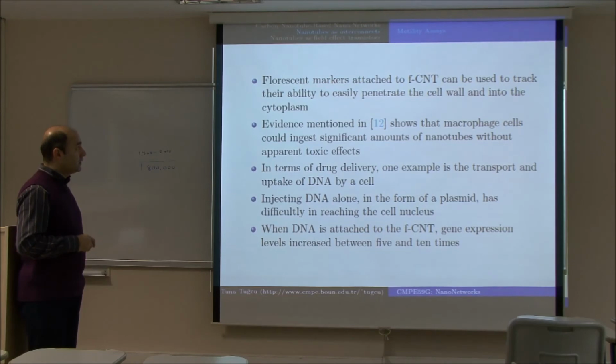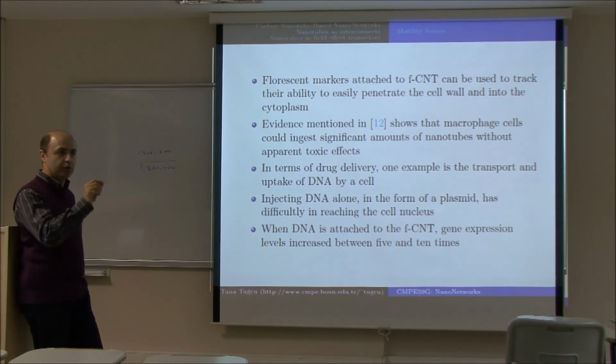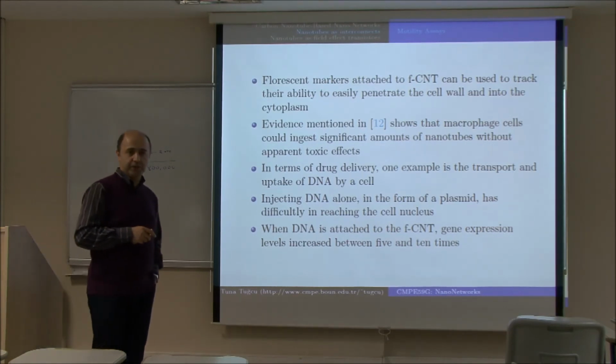The fluorescent markers attached to these FCNTs can be used to track their ability to easily penetrate the cell wall. So you understand whether it really goes through the cell wall or not by making use of the fluorescent markers. The fluorescent markers are typically used for several purposes.